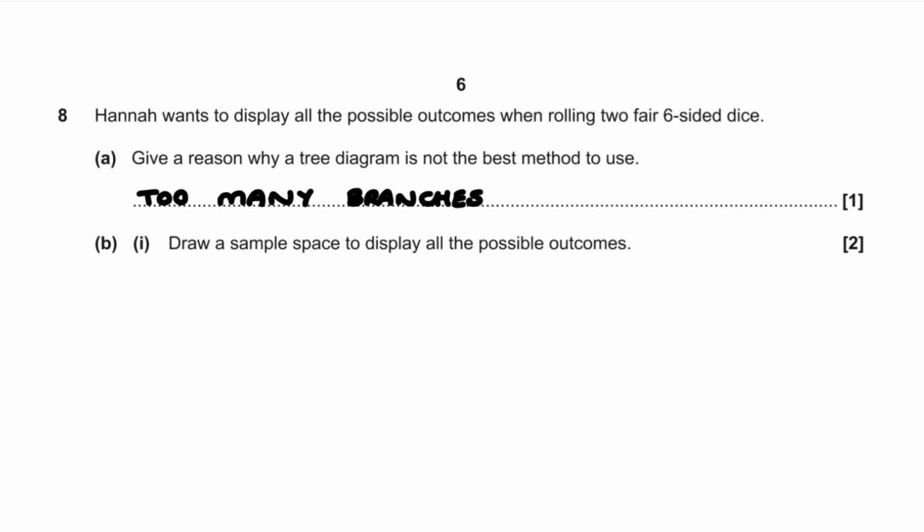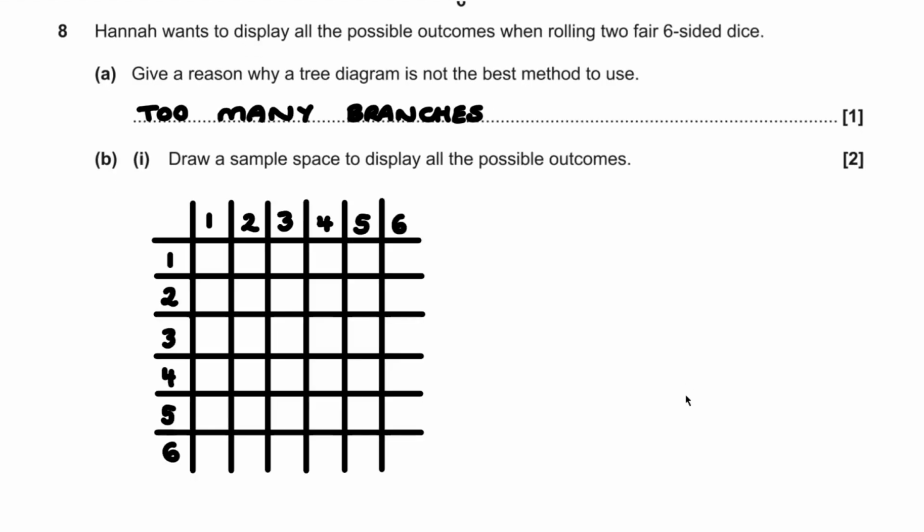Now, for part B, for the first part, we have to draw a sample space to display all the possible outcomes. So, we have our sample space diagram. For the first die, we've got the faces 1 to 6, and for the second die again, faces 1 to 6. And what we need to do is add the scores. 1 plus 1 is 2, 1 plus 2 is 3, 1 plus 3 is 4, 1 plus 4 is 5, 1 plus 5 is 6, 1 plus 6 is 7, and we continue this.